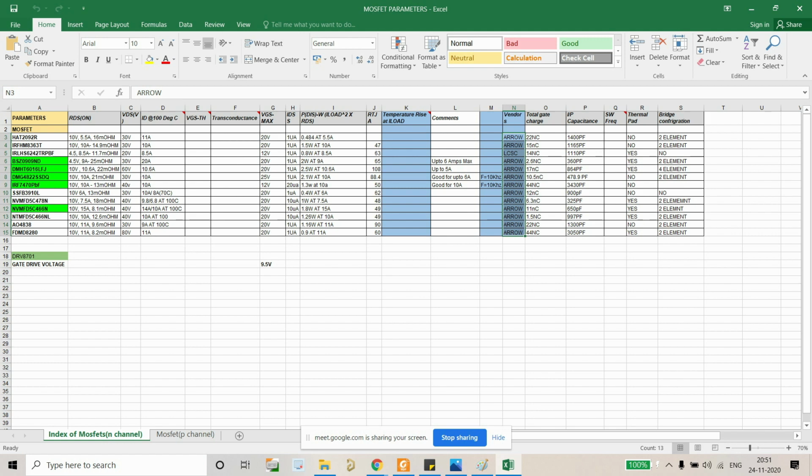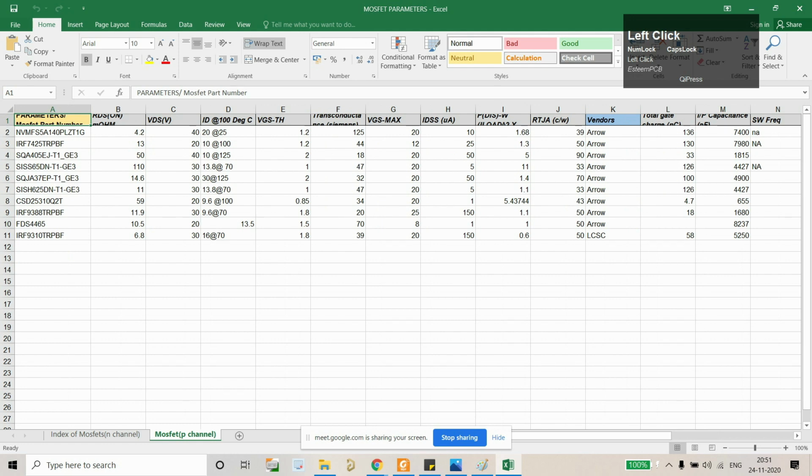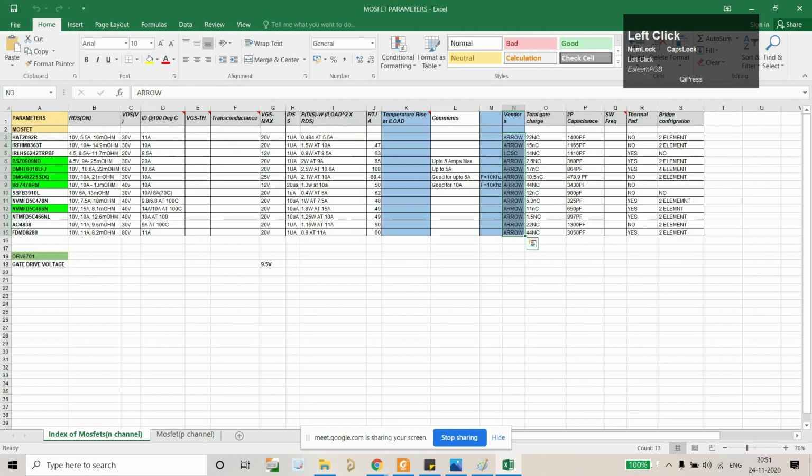Similarly, you can compare which Ethernet PHY is suitable for our project, right? You can see multiple features. Similarly, I made sheets for the P channel MOSFET and N channel MOSFET, right? We'll discuss this in much more detail in the MOSFET section. But this is how you can create a similar document for the Ethernet PHY.